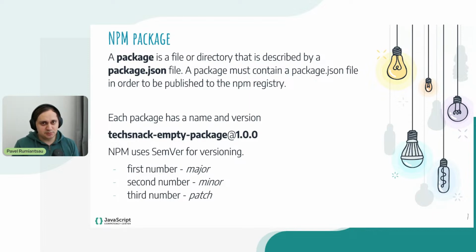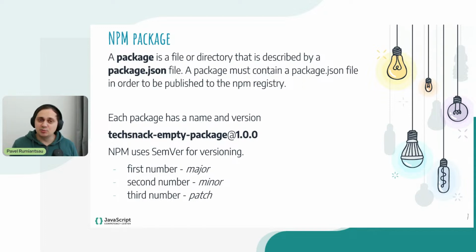The first number represents the major version, which means that each time you update a major version, it will most probably contain either breaking changes or just a lot of changes. So when you switch from one version to another, it means that most probably you will need to make some changes in your code to support it. It's not always the case, but still.